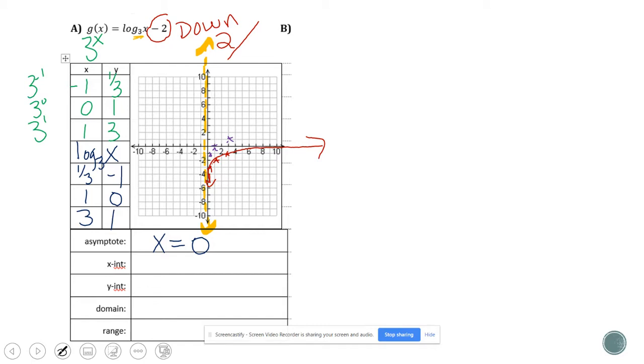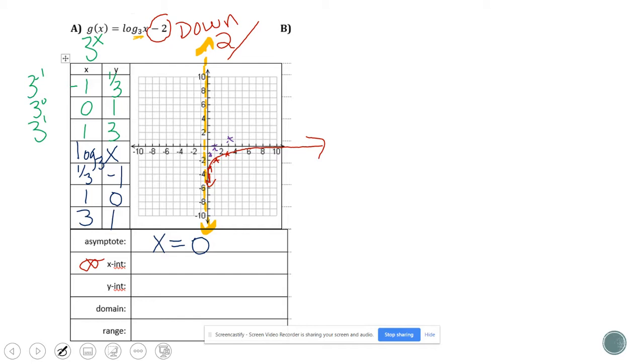For right now, we're not going to worry about the x-intercepts. Y-intercepts. Our exponential graphs did not have an x-intercept unless our graph went down.